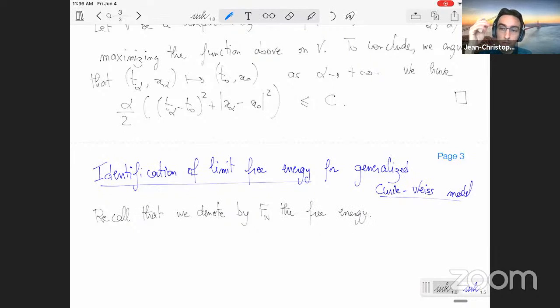And I want to assume that Fn of 0 converges to something. And I'm also going to assume that this something is a C1 function.